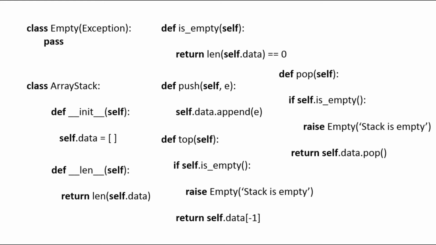The last method is pop. So here also, if the list or the stack is empty, it will raise an exception, but it will handle the index error of the Python's list. So if it is not empty, it will actually execute the pop method of Python's list, and the pop method will always return the deleted element, and that deleted element will be returned as a return value of this pop function.